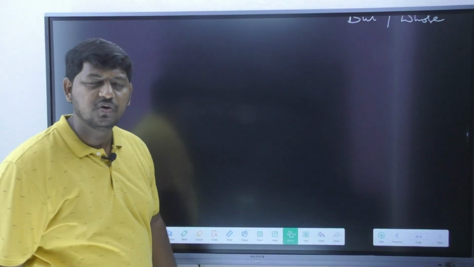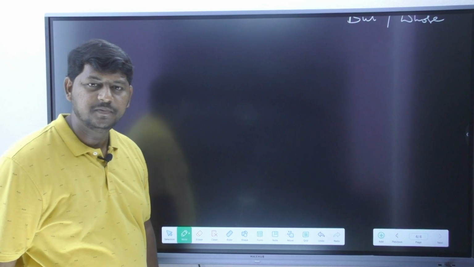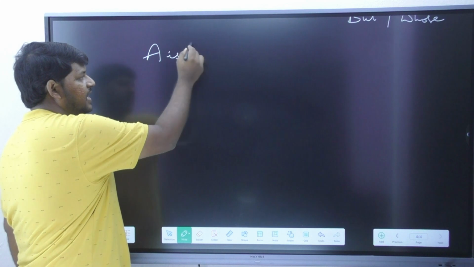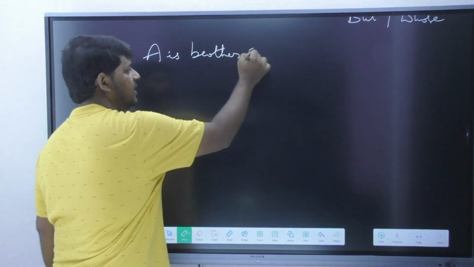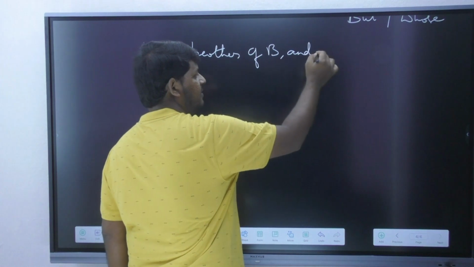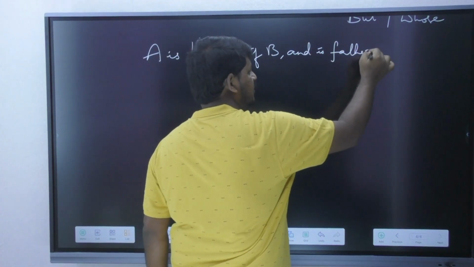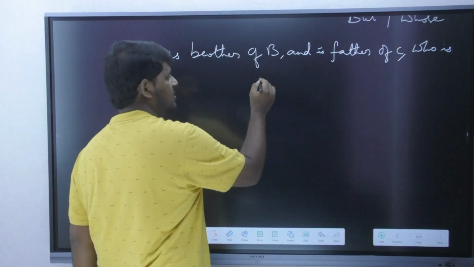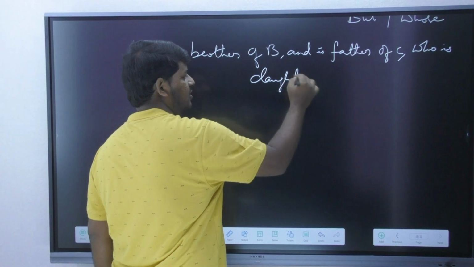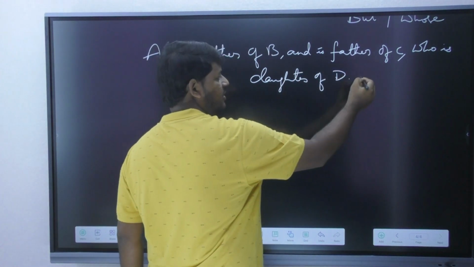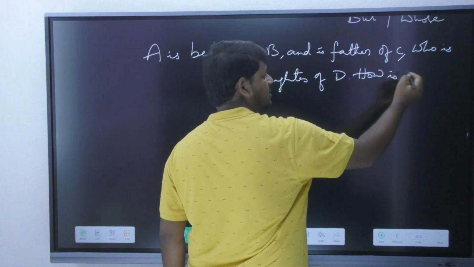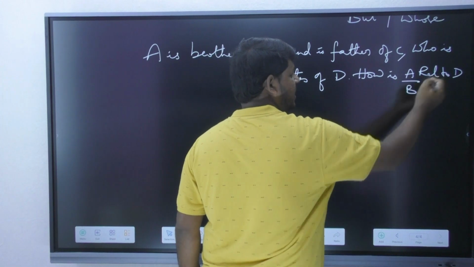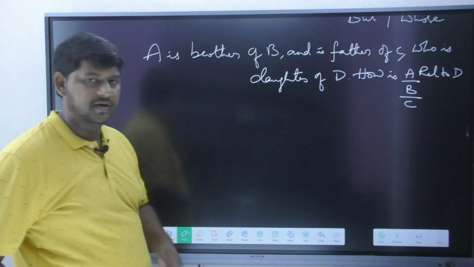Now by using those 6 keywords, I am going to frame a question over here. For example, if I say: A is brother of B and is father of C, who is daughter of D. How is A related to D, B related to D, and C related to D?